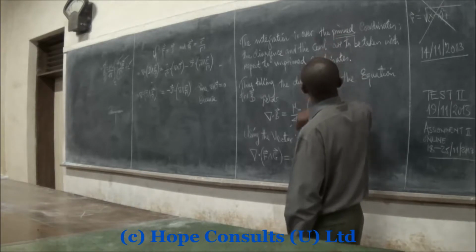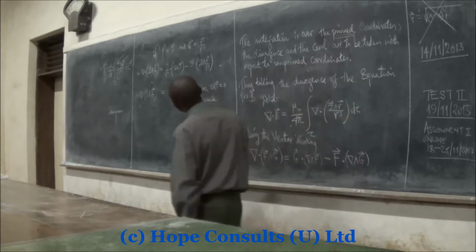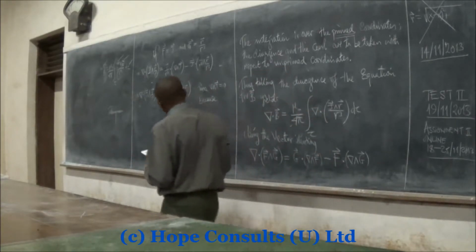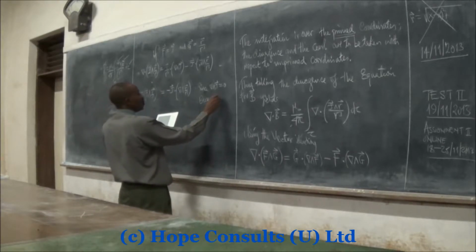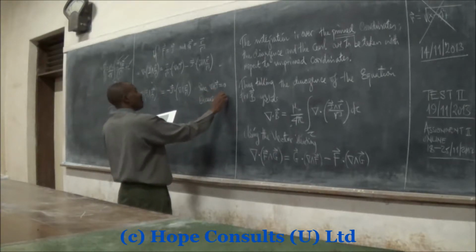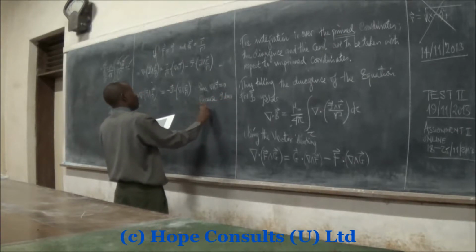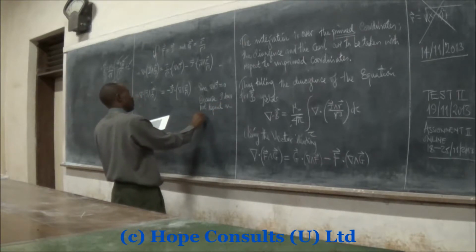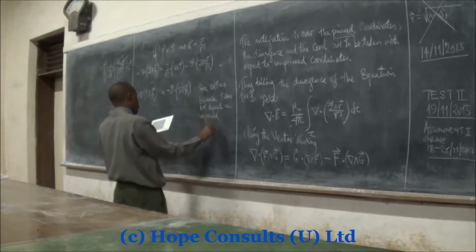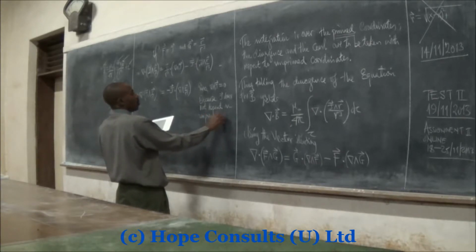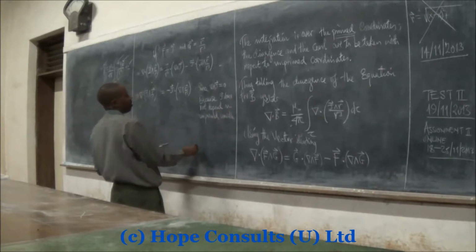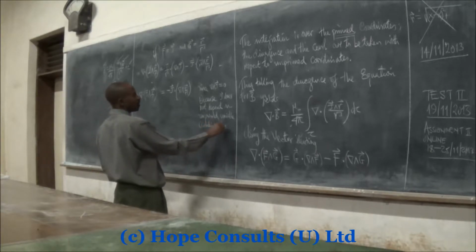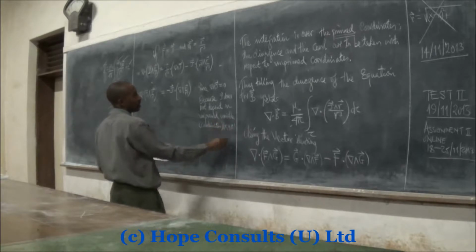Integration is over the prime, and then we are taking the curl of J. Or in other words, you can say that because J does not depend on unprimed variables, or you can call them coordinates, which are x, y, z.